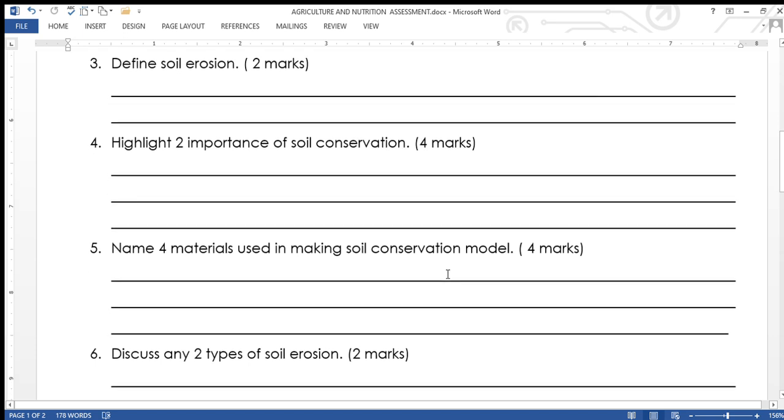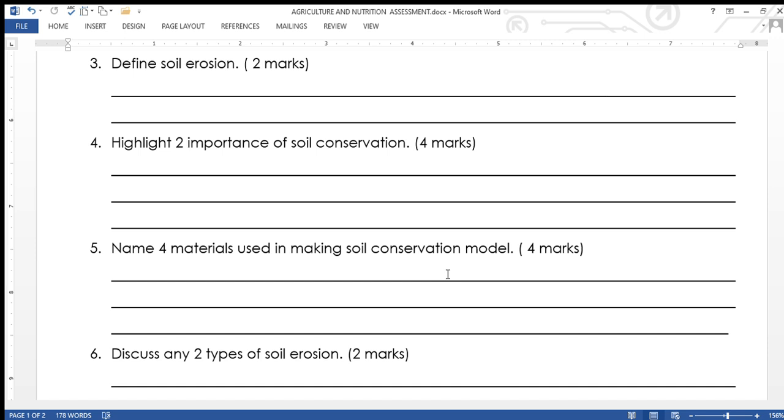Very good, group 1. Now we have question 5. Which group will read for us that question? Group 3. Be audible. Name 4 materials used in making a soil conservation model. How many marks? 4.